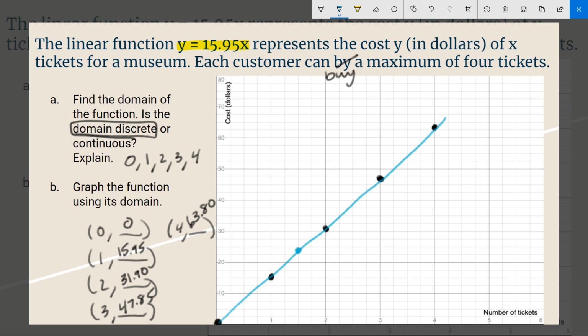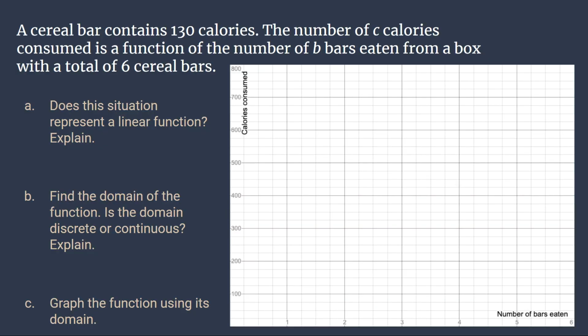So like this point right here, for 1.5 tickets, it's almost $25, but I can't purchase 1.5 tickets in real life. So that's why it's just these 5 points. Okay? Let's do another story problem.